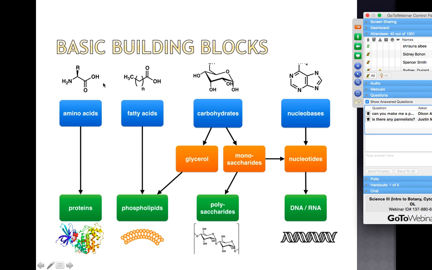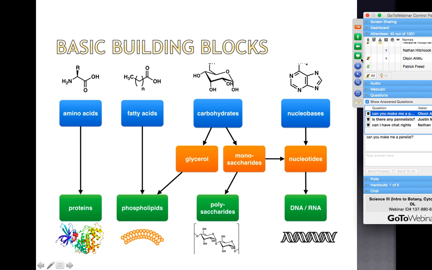Does that make sense, Ethan? The reason we don't put the C is because there would be too many of them. It's basically a shorthand that people have agreed on: if it's carbon and we don't put anything, it means there's carbon there. So carbon is the main element of life.